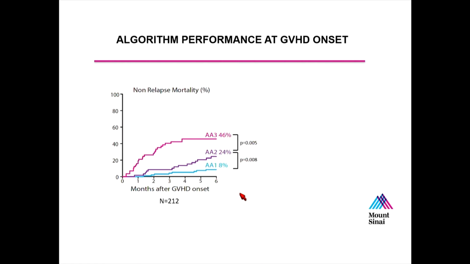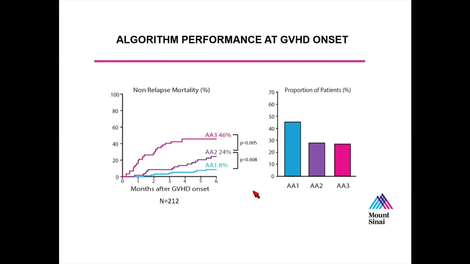These are highly statistically different. In fact, the 2 biomarker algorithm is an improvement over the initial 3 biomarker algorithm because now almost 50% of the patients have been defined as low risk Ann Arbor 1, and about 27 or 28% are in the intermediate risk and the high risk.